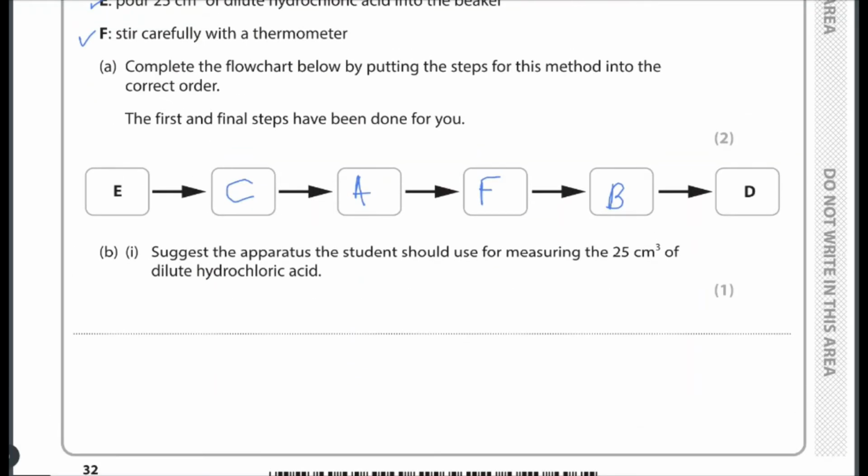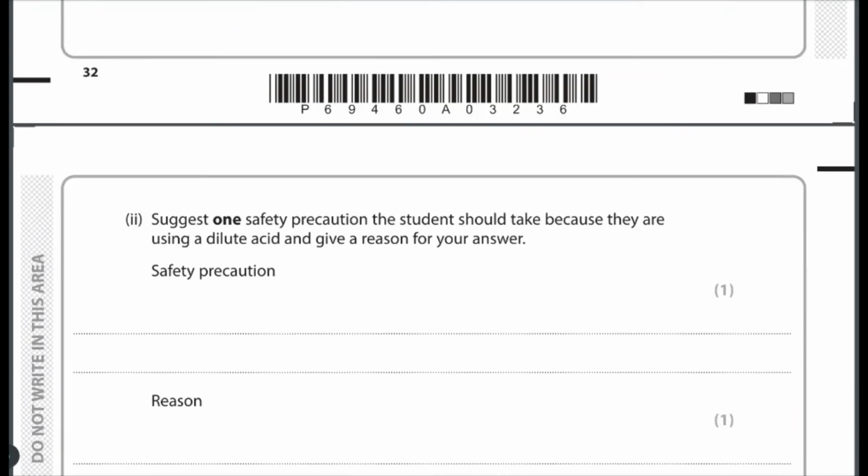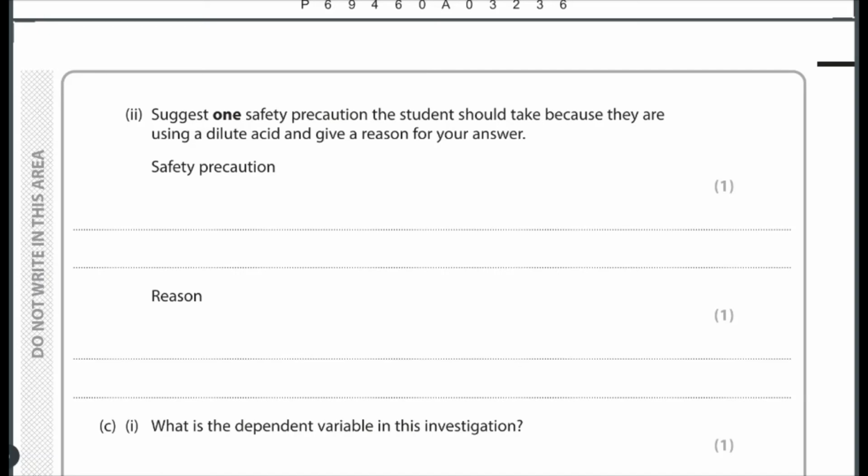Suggest the apparatus the student should use to measure 25 cubic centimeters of dilute hydrochloric acid. We know that is the measuring cylinder. Next one: suggest one safety precaution the student should take because they are using a dilute acid, and give a reason for your answer.